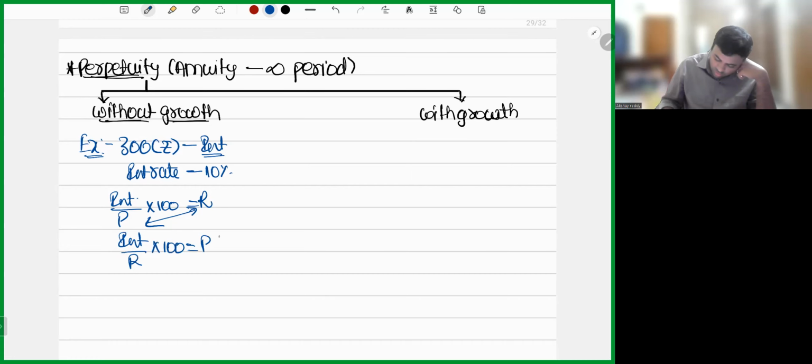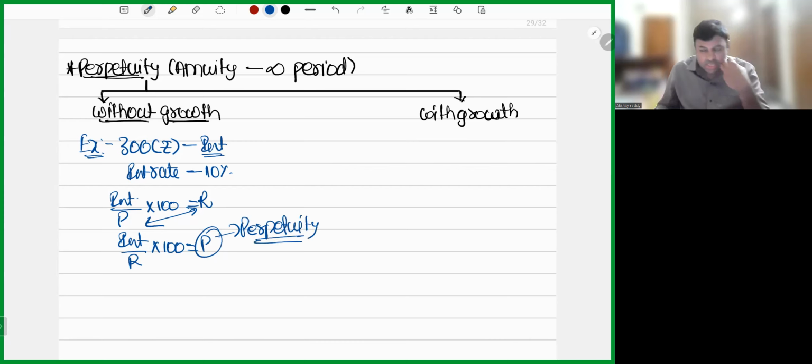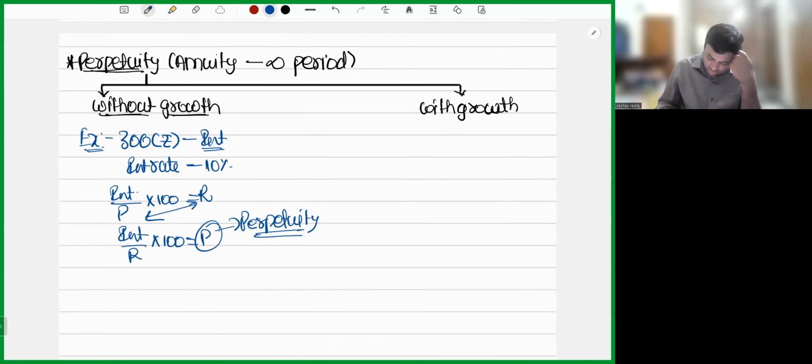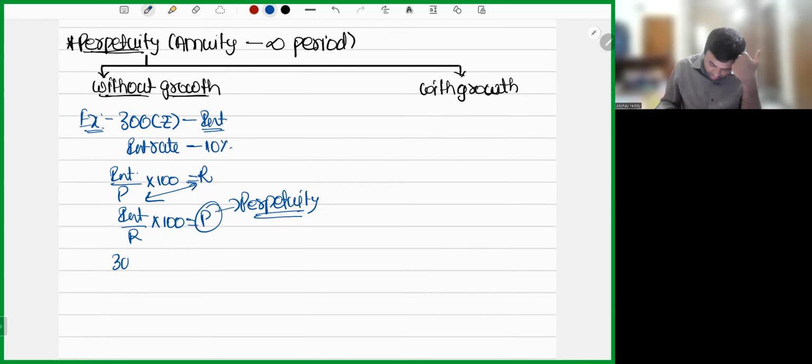Now, instead of calling it principal, I'll call it perpetuity, because this initial deposit I'm never going to withdraw from the bank. It will be there for an infinite period of time in the bank itself. The bank will go on paying me interest every year. So here, 300 divided by 10 into 100 equals 3000.